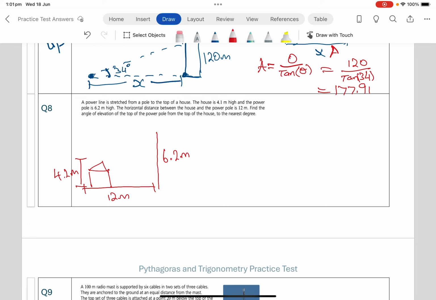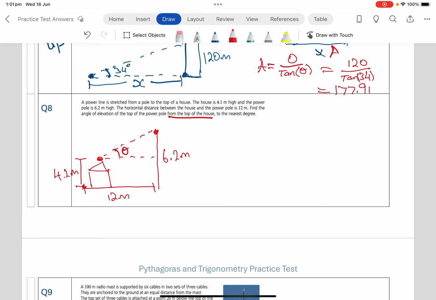Find the angle of elevation from the top of the house, so from this point here, to the top of the power pole, so this point here. So we want to know the angle going up in here. That's what they want us to find, that angle there. Now, I've drawn my diagram a little funny because I've put the dimensions on the outside of the house.